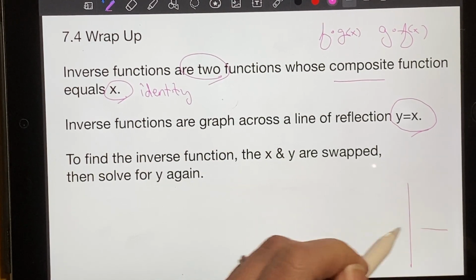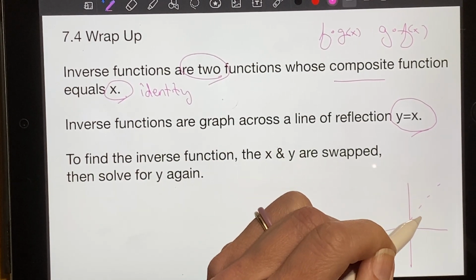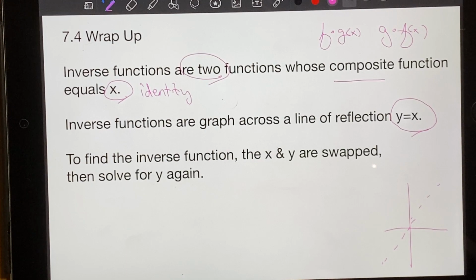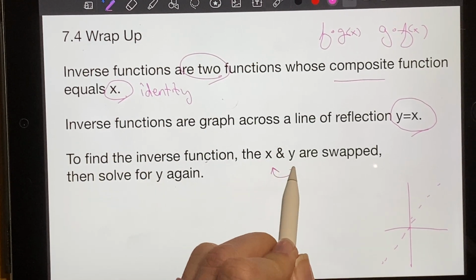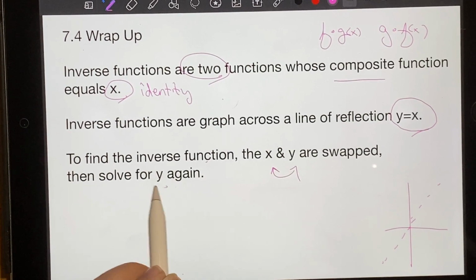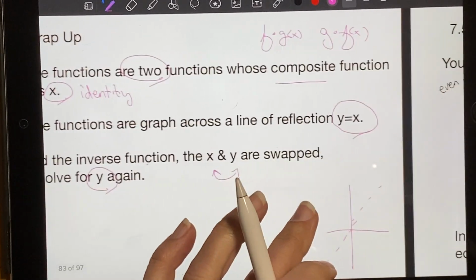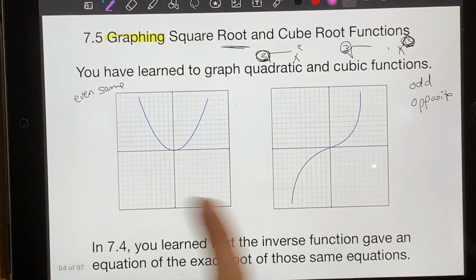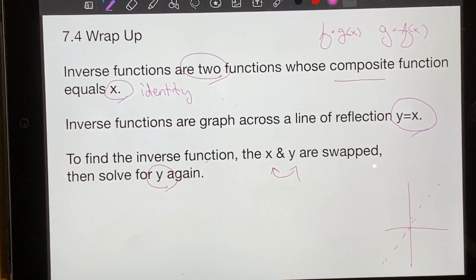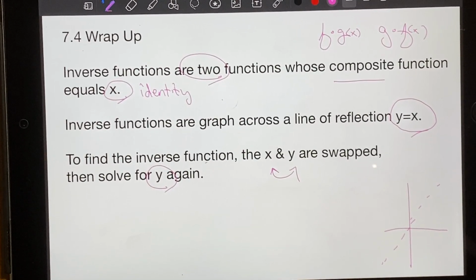So our basic line of reflection, remember, is that 45-degree angle that we go down. To find your inverse function, you're going to swap your x and y and then solve for y again. So that's as we wrap up 7.4 as we talk about inverse functions.